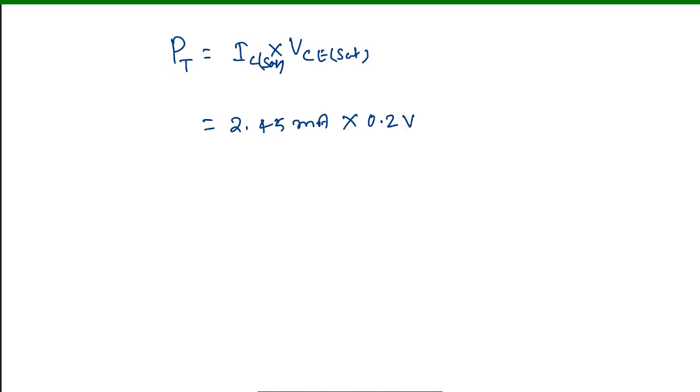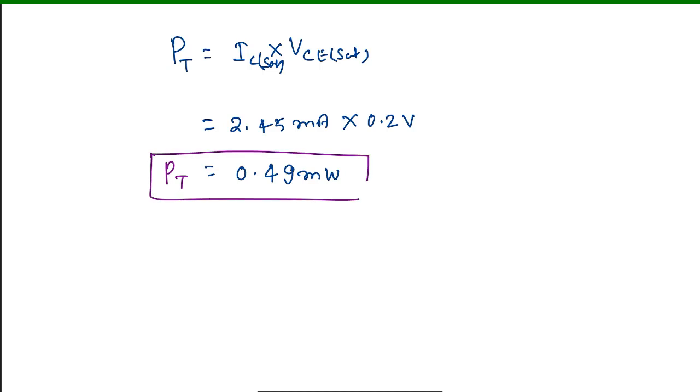By solving this we got 0.49 milliwatt. So the power dissipated by this transistor, PT, is 0.49 milliwatt.